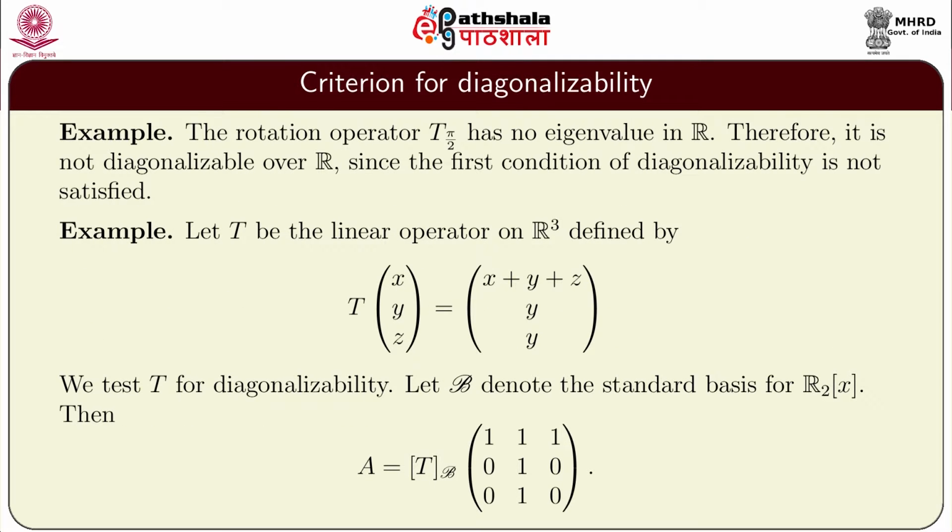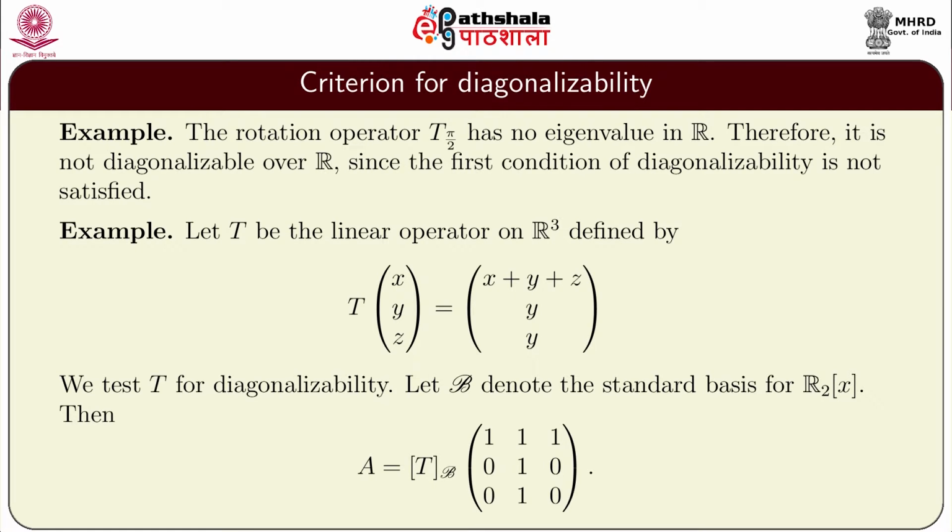Let us see some simple examples. The first one talks about the rotation operator T pi by 2, which we have seen a number of times, and we have already checked that T pi by 2 has no eigenvalue in R. Therefore, it is not diagonalizable over R. Why?